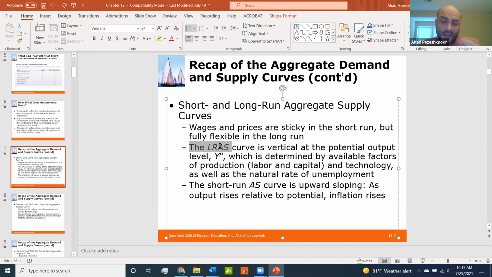So the long run aggregate supply curve is vertical. This is why it's vertical. It doesn't respond to inflation or the real interest rate. It responds to how many workers you have, how many factories you have, and other real things. It is vertical at the potential output level, which is determined by available factors of production, labor and capital, and technology, as well as the natural rate of unemployment.